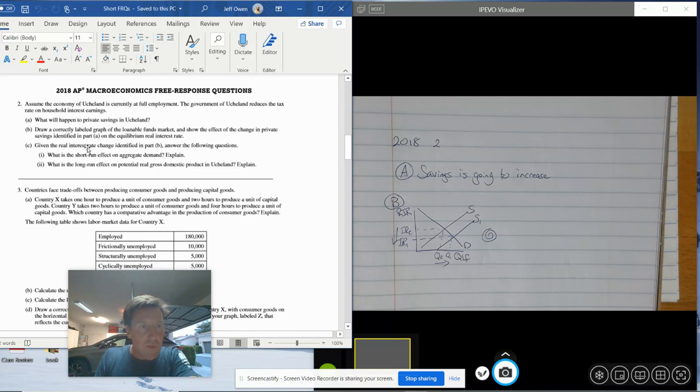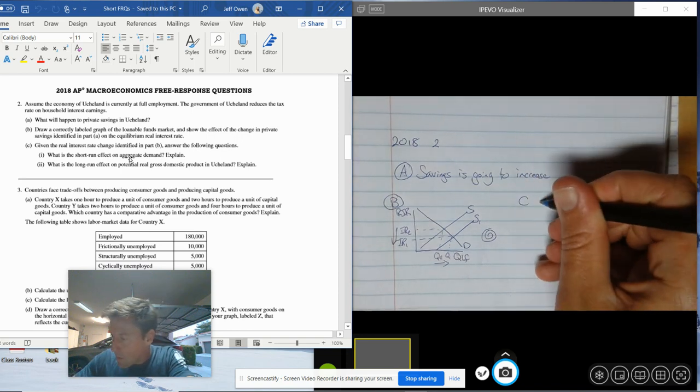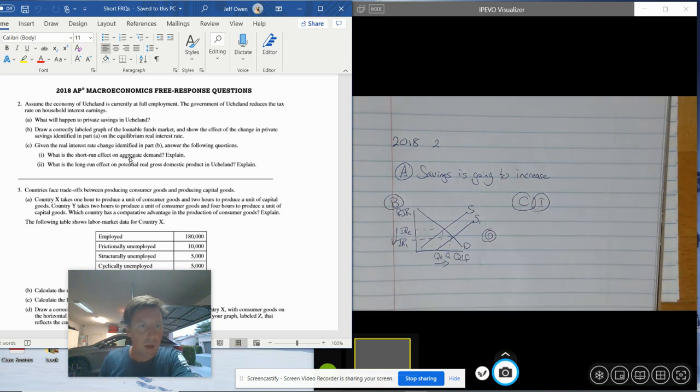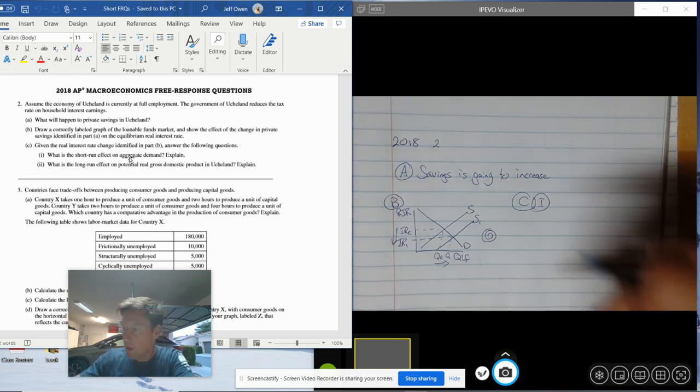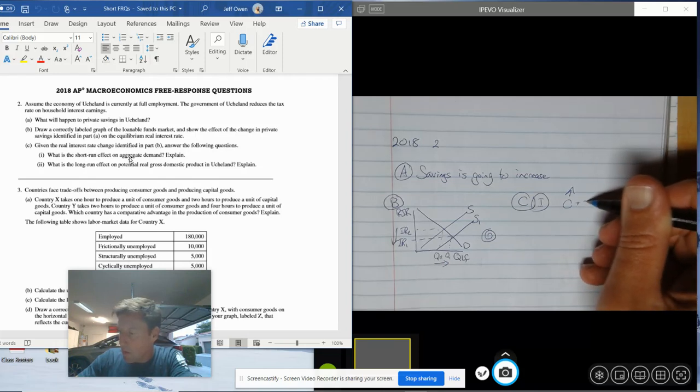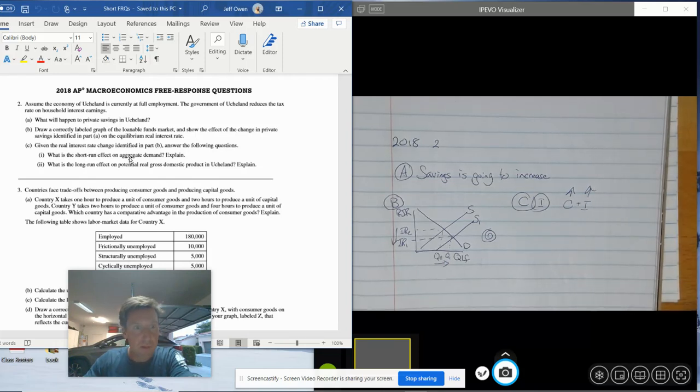Given the real interest rate identified in Part B, answer the following question. What is the short run effect on aggregate demand? Well, if interest rates fall, this is C, I. If interest rates fall, am I taking out money? Yeah, I am. If interest rates fall, consumer spending is going to go up, and investment spending is going to go up, right?